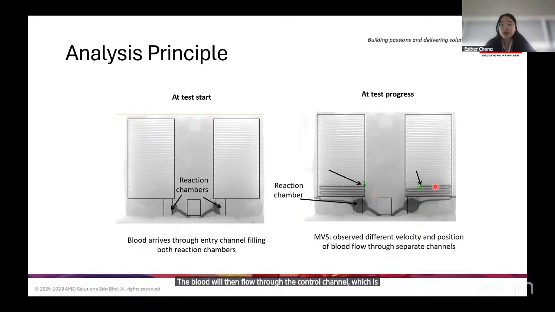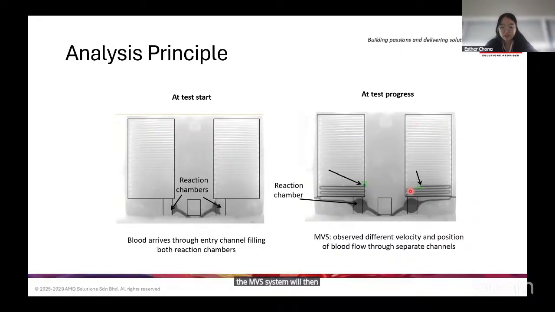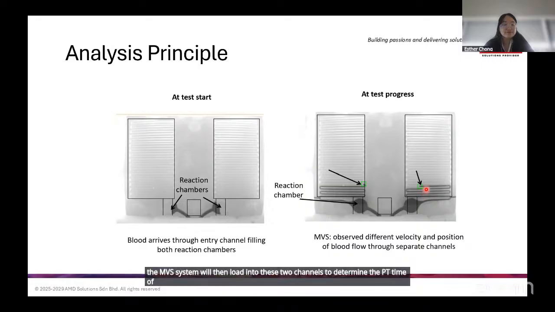to check how fast or how long the blood clots. So the MVS will observe different velocity and position of blood flow through separate channels. The MVS system will look into these two channels to determine the PT time of the patient.